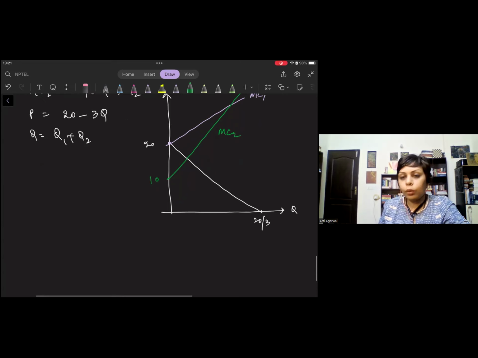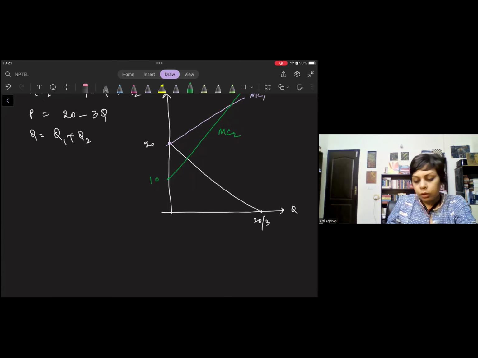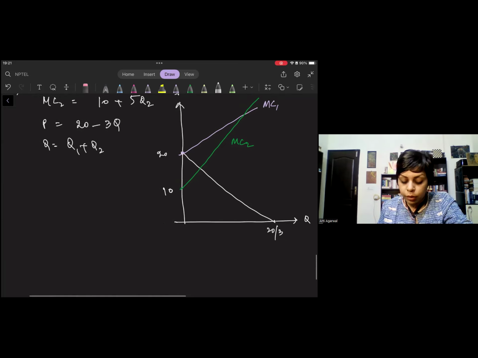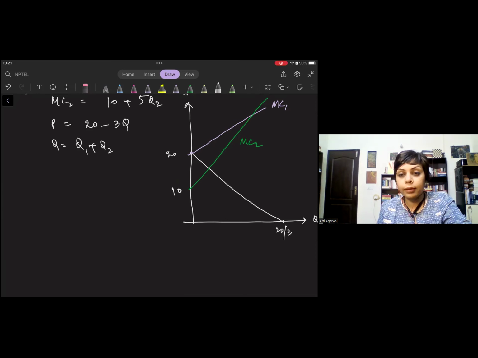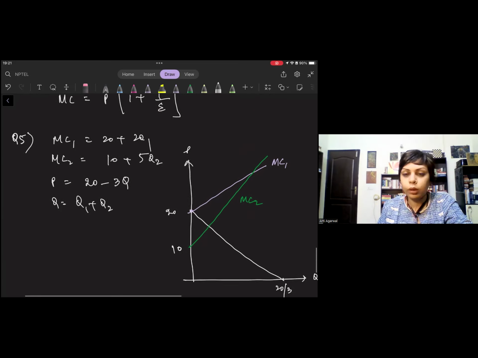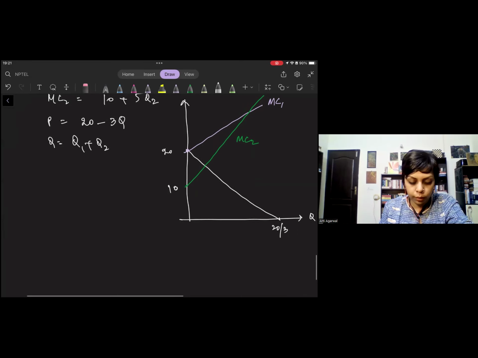If you see, only the curve for the second factory is even intersecting the demand curve. The first factory's marginal cost curve is not even intersecting the demand curve. That's what I wanted to highlight.